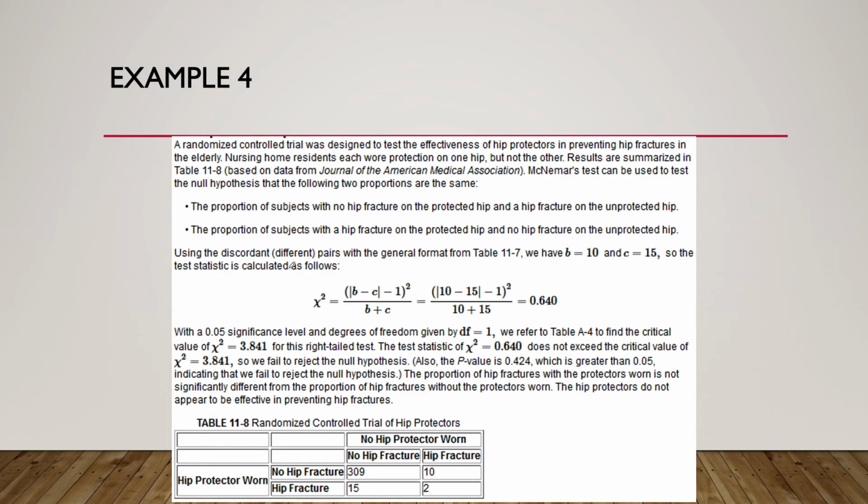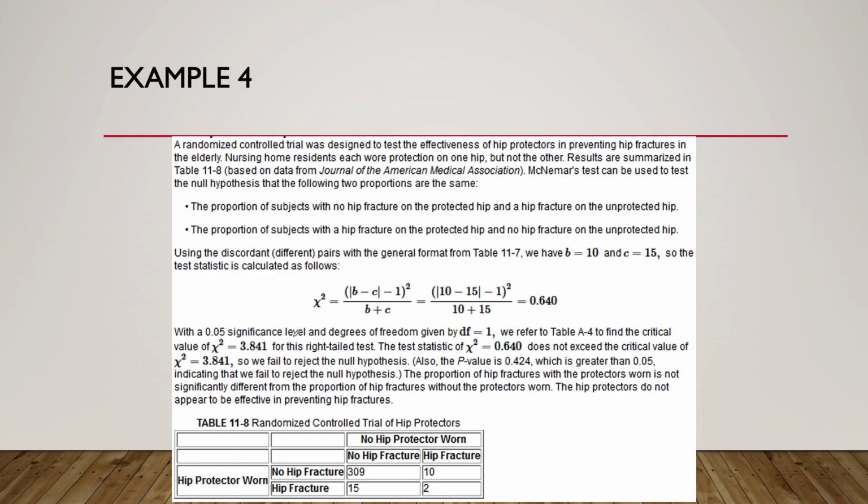Using the discordant, or different, pairs with the general format from what we saw in the last slide, we have b equal to 10, c is 15. So the test statistic is calculated as absolute value of b minus c, minus 1, squared, divided by b plus c. So absolute value of 10 minus 15, minus 1, squared, over 10 plus 15. This gives us a value of 0.640.